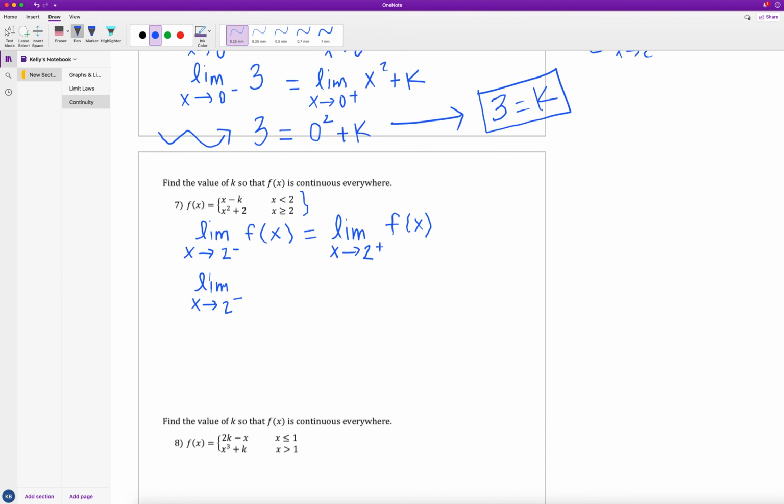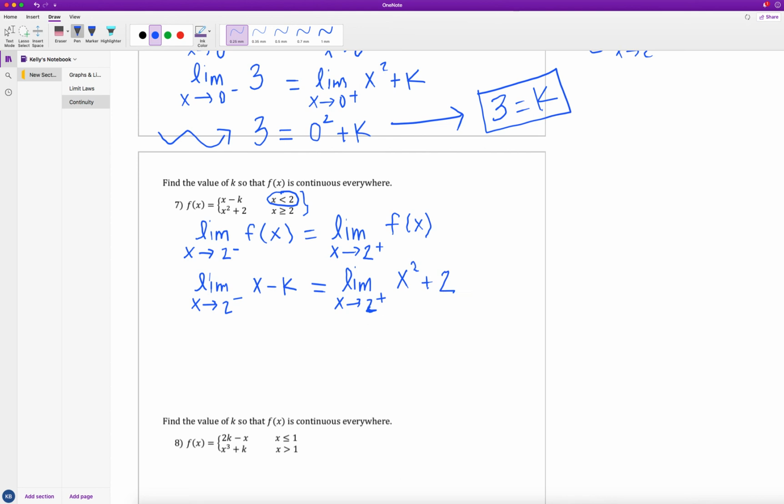In this case, we're going to be using the x minus k, since we're looking at the piece where x is less than 2. And that will have to be equal to the limit as x approaches 2 from the right-hand side, where we're using the x squared plus 2 piece.